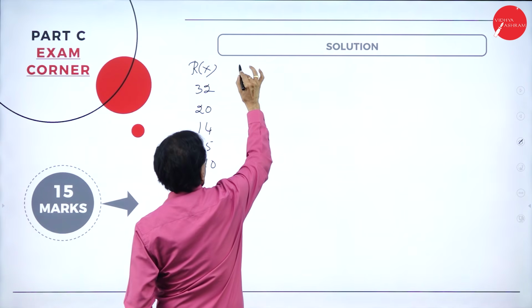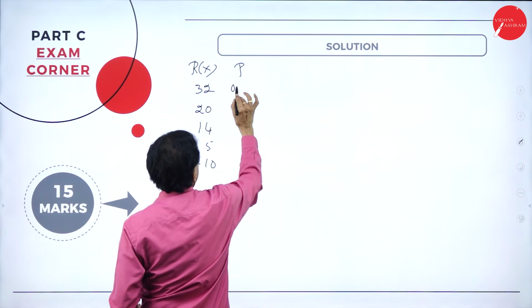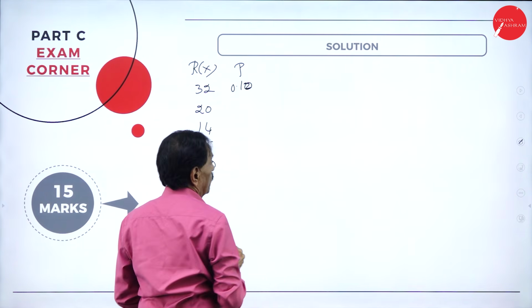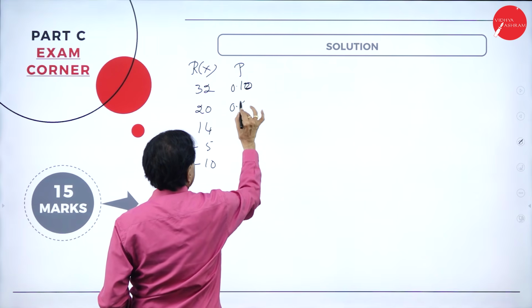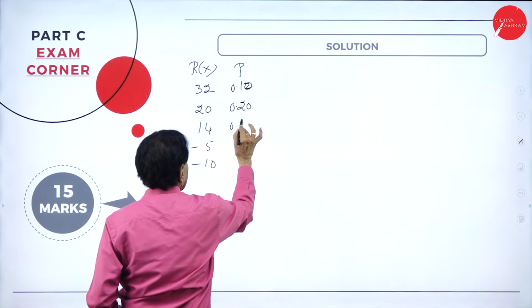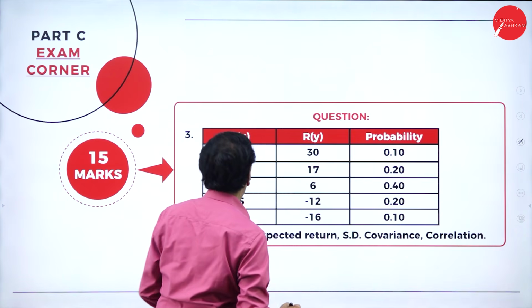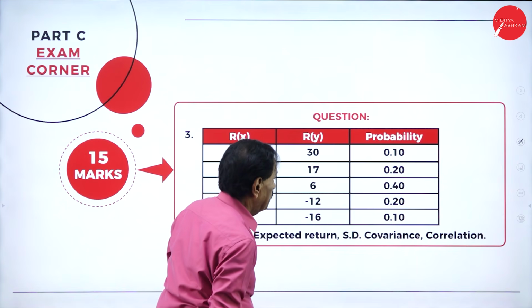Probabilities: 0.10, 0.20, 0.40, 0.20, 0.10.